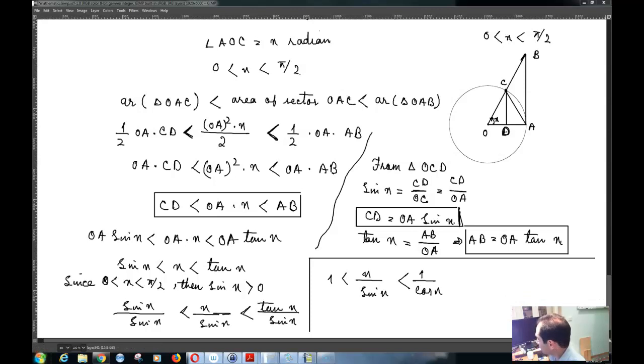And so now if I take the reciprocal of every part of this inequality, I'll get 1 is less than sine x by x, sine x by x is less than cos x.